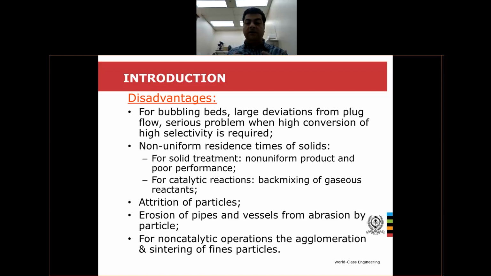And also, you might end up with agglomeration of the particles. Specifically, for example, in biomass gasification or biomass combustion, since in biomass you have ash, this ash material could melt and behave like a binder between two particles.